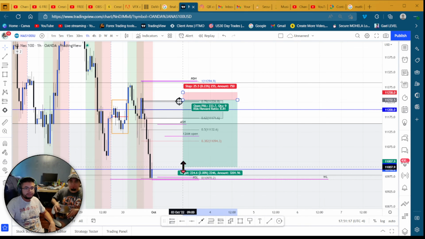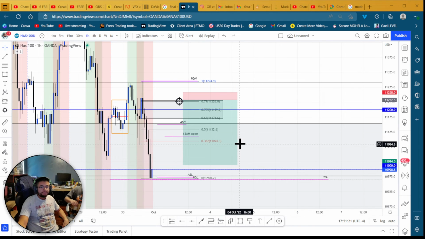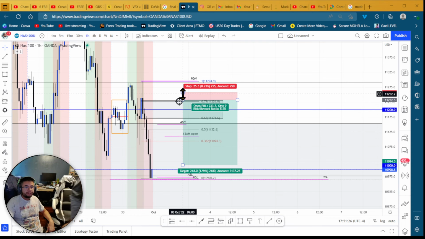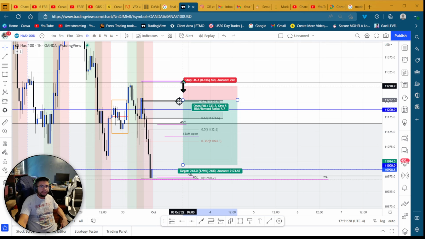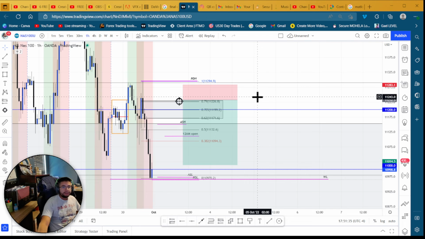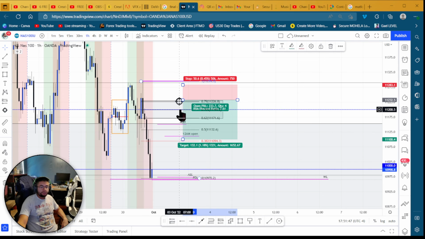Or even if, let's say, 15. This is a 1 to 8.5 risk to reward, and if I kept it at the 50 pip stop loss, this is a 1 to 4 risk to reward. But if we're looking for other targets to take out at, it could be right at the 11,100, which is only a 1 to 2.5 risk to reward with the 50 pip stop loss.